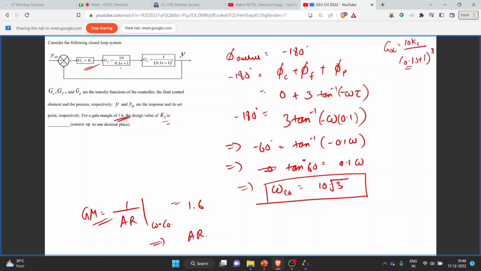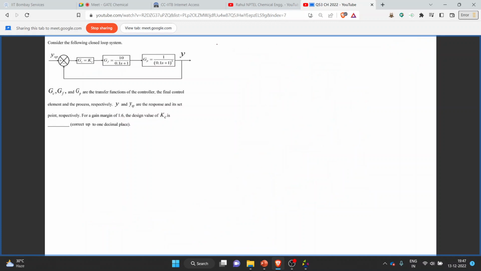So we can write the amplitude ratio is equal to 1 upon 1.6, and now we need to find this amplitude ratio. For this open loop block diagram, the amplitude ratio will be the simple multiplication of the amplitude ratios of the individual blocks.